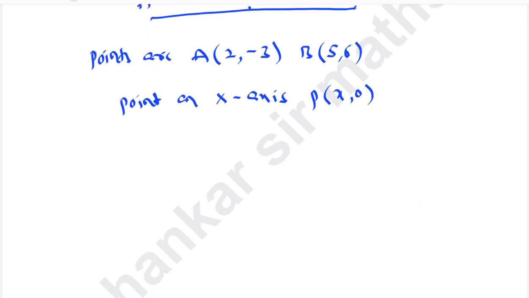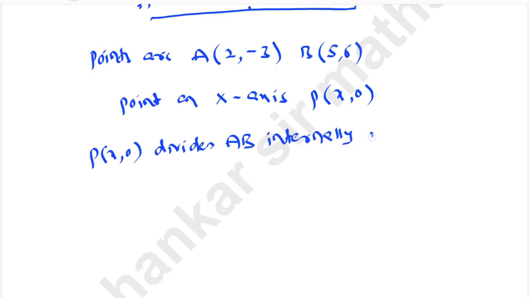Okay. Now P of (x, y), that is (x, 0), divides AB. So point P divides AB, that is the line segment, internally in the ratio. What is the ratio? m1:m2. So point P will divide AB internally in the ratio m1:m2.